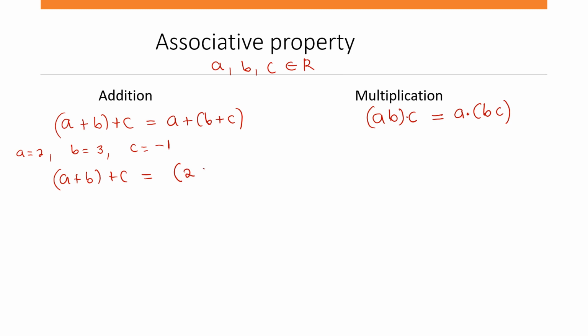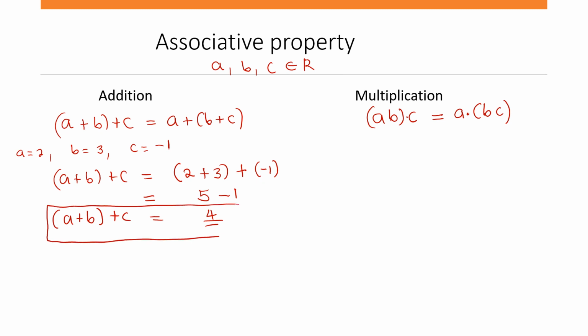So you have 2 plus 3, then plus c, which is now minus 1. And the order of operations, we have to finish this. This is 5, plus minus 1. So this will be 4, right?